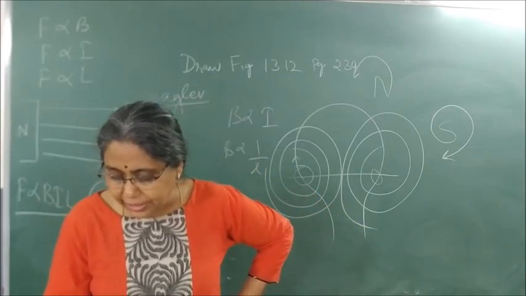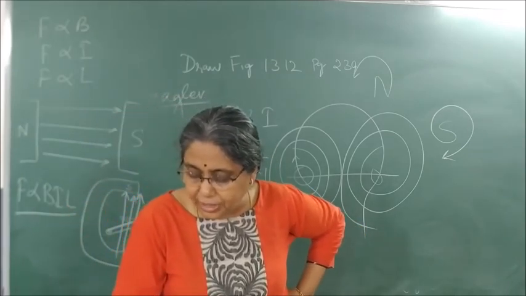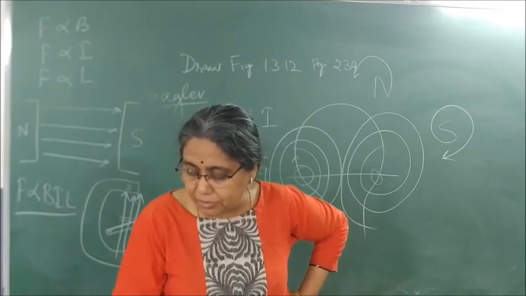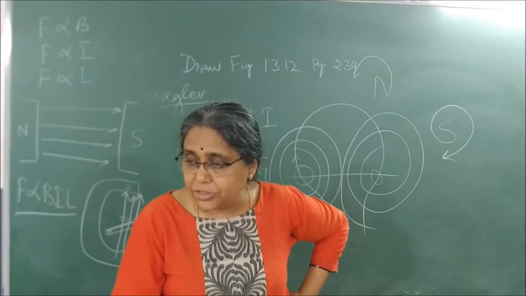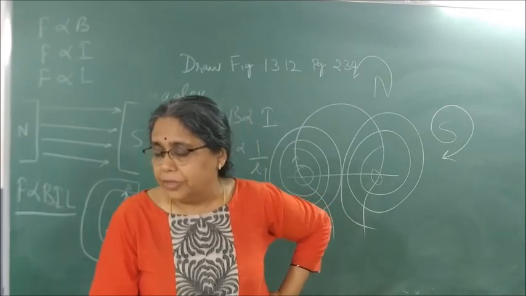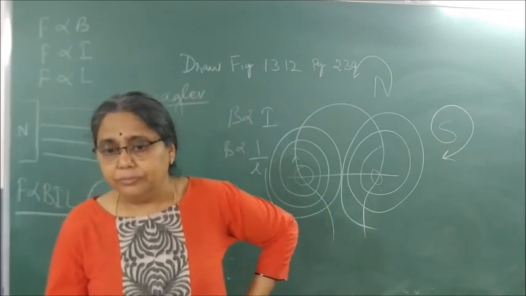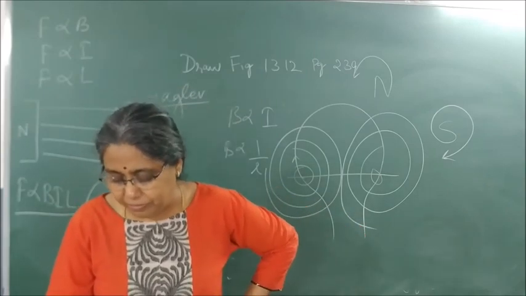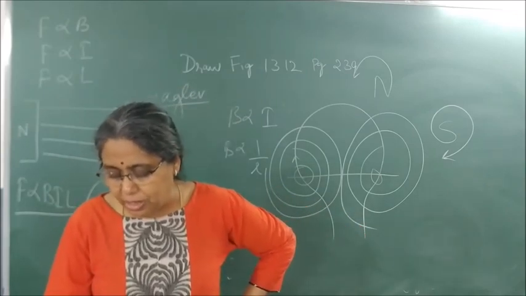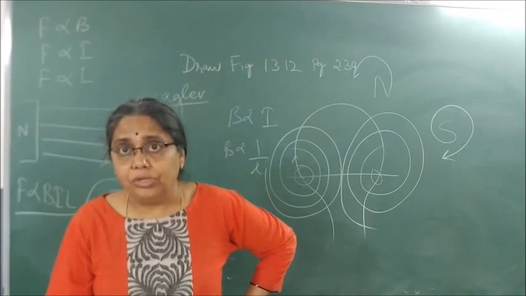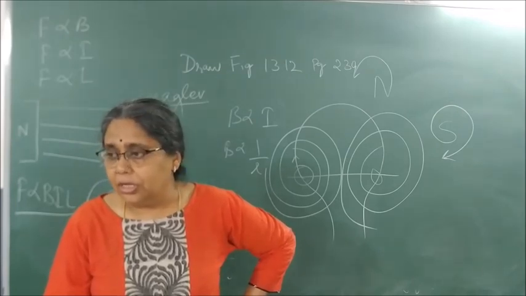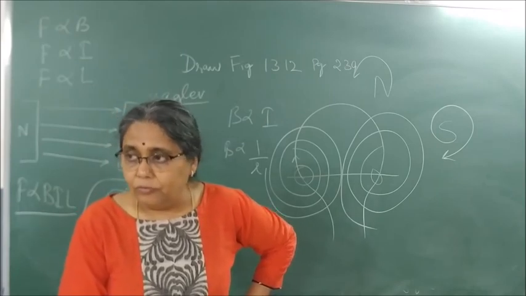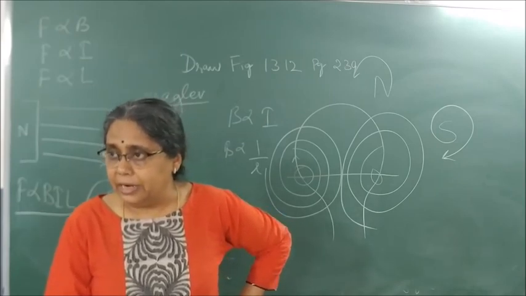Devices that use current-carrying conductors and magnetic fields include the electric motor, loudspeaker, microphones and measuring instruments. Clear? Fleming's left-hand rule. So this is all about force on a current carrying conductor.